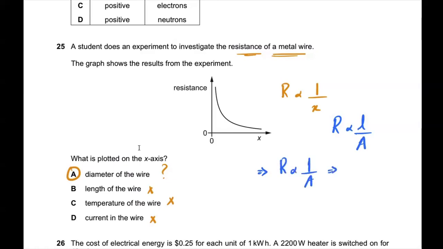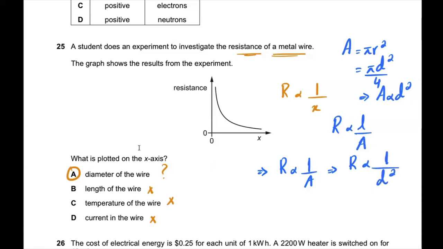And because area is, I can write it as pi r squared, or in terms of the diameter, I can write it as pi d over 2 square, which would lead to pi d square by 4. So what this leads to is the idea that area is proportional to d squared. So as proportions, I can also say resistance is inversely proportional to the square of the diameter. So that's why this is true.